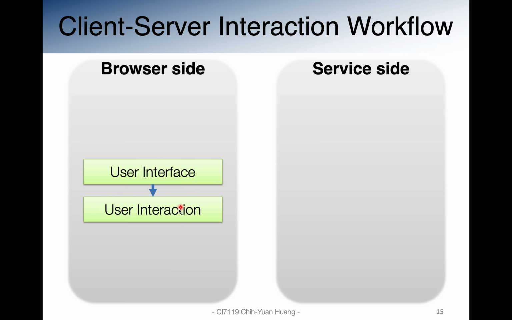When the user interacts with that interface, for example, zooming in or out on the map, or pressing a button, the browser side will trigger the event of communication between the client and server. So what it needs to do is organize the parameters.